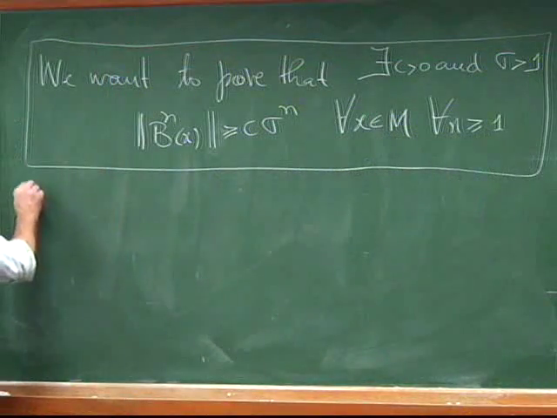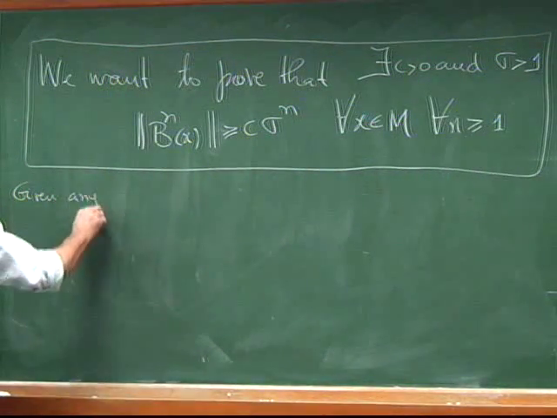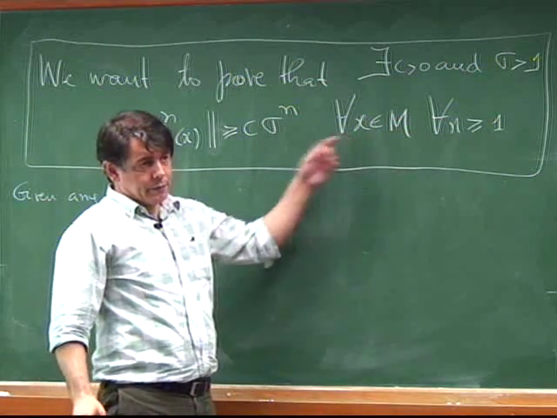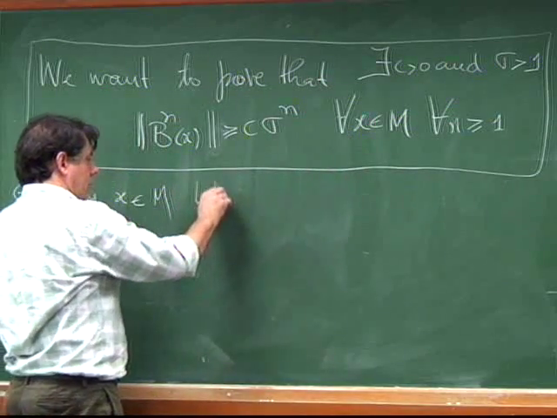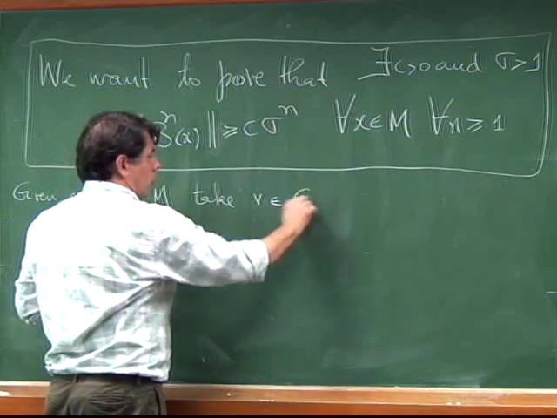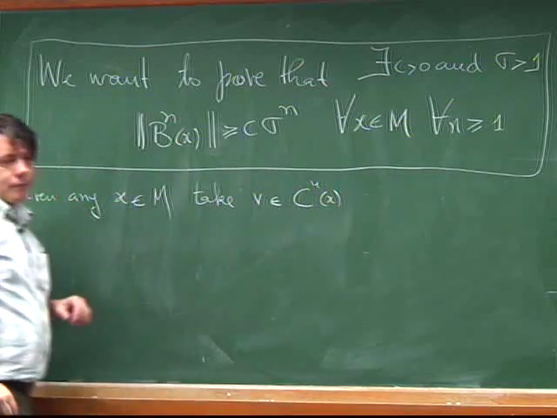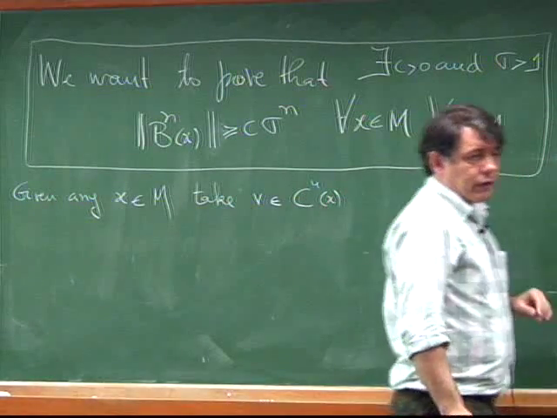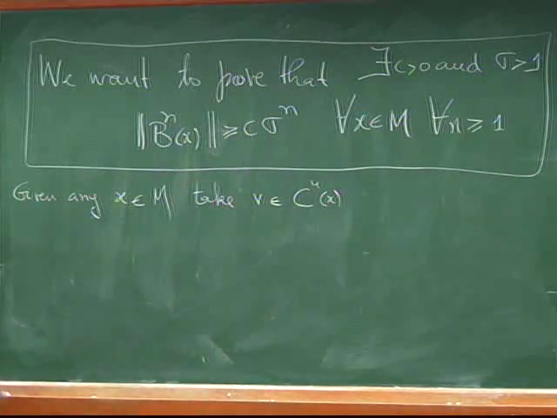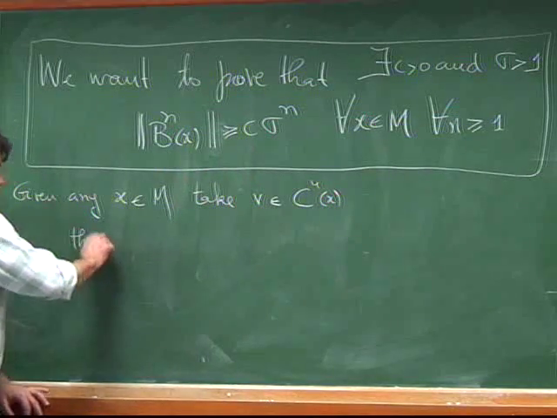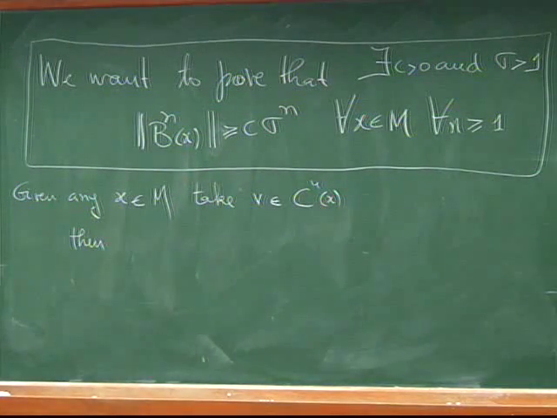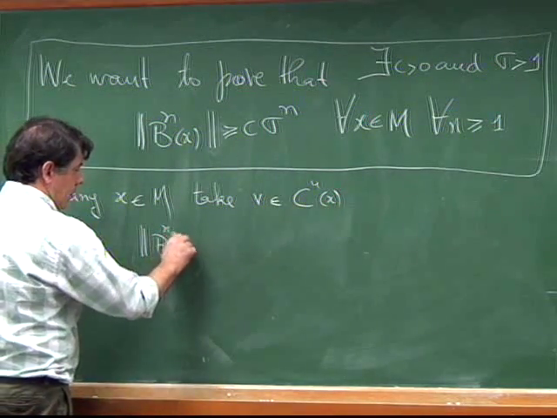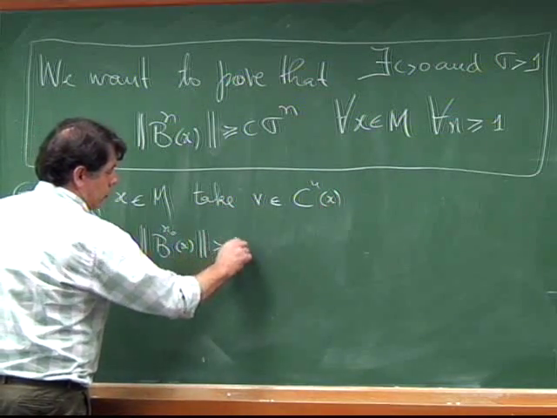So, given any x, because this has to be proven for every x, take v in the cone. It could be, for example, in E^u, doesn't matter, any one in the cone. Then, because of this property, the iterate n0 is bigger than 2 times the norm of v.